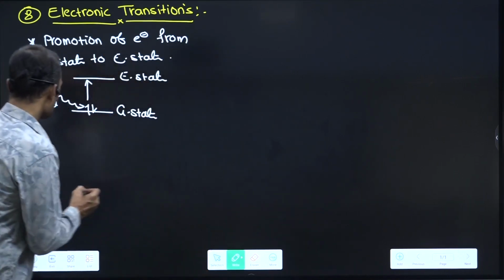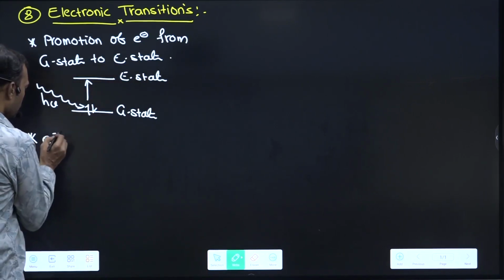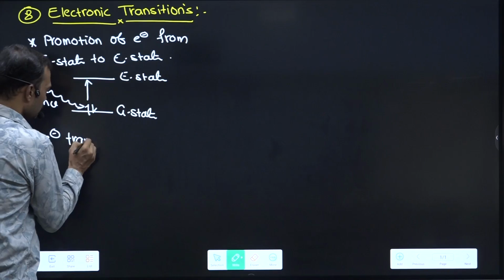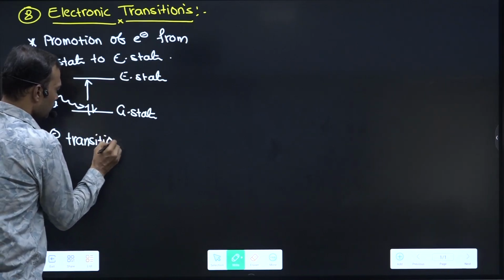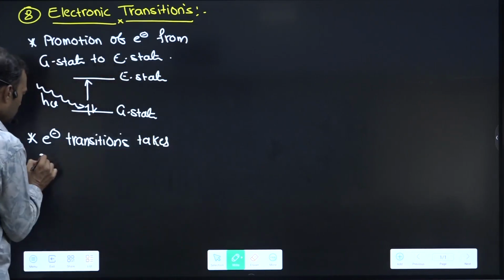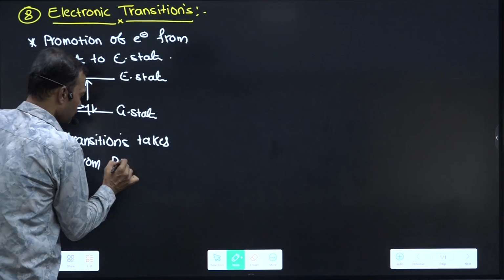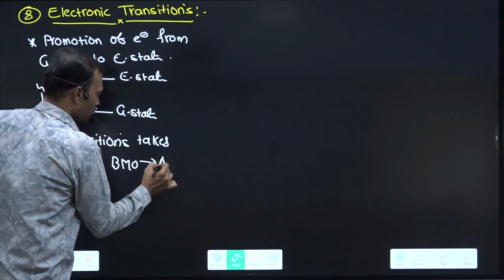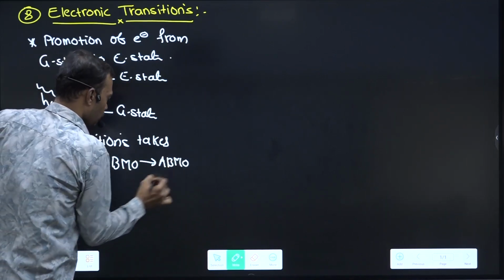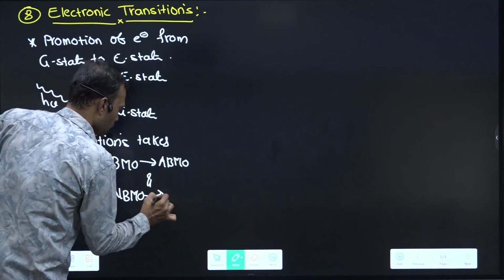So generally, from where will electronic transition be observed? In most of the cases, electronic transitions take place from BMO to ABMO, and one more is non-bonding molecular orbital to ABMO.